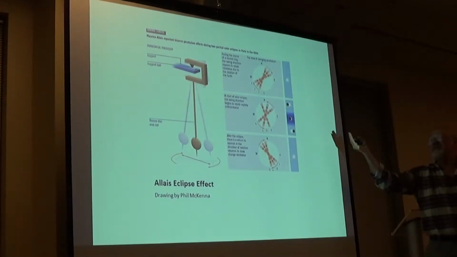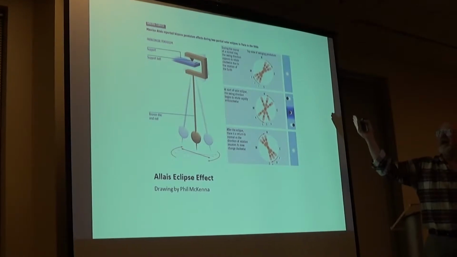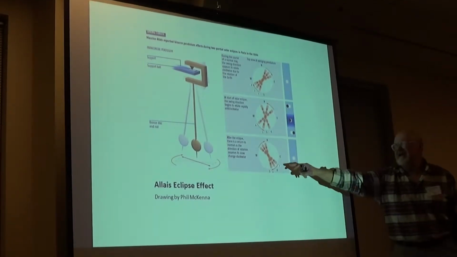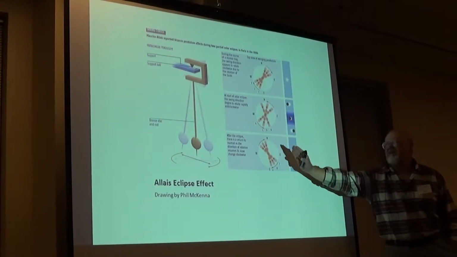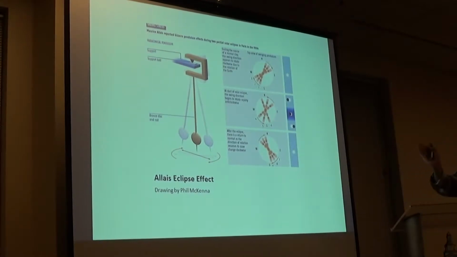What you would have is an anomalous kind of counterclockwise torque. And after an eclipse, it either returns to normal or turns to normal and then some.